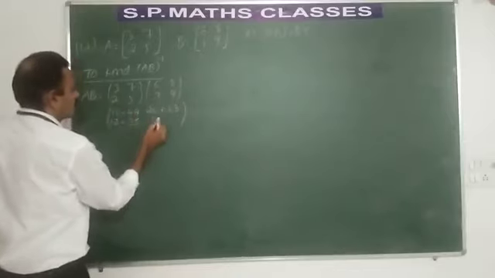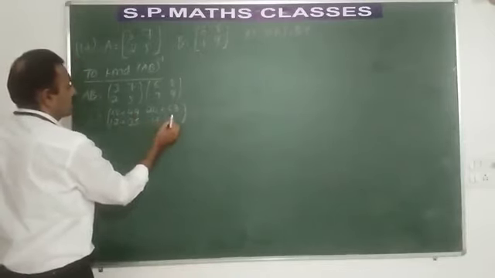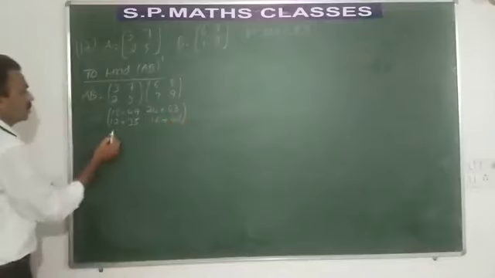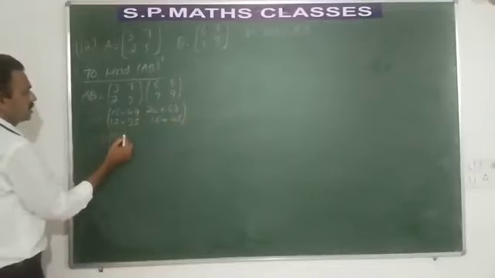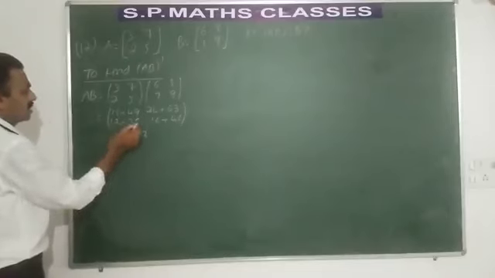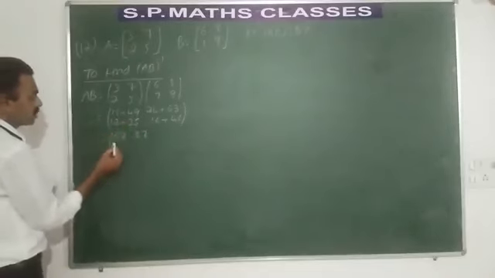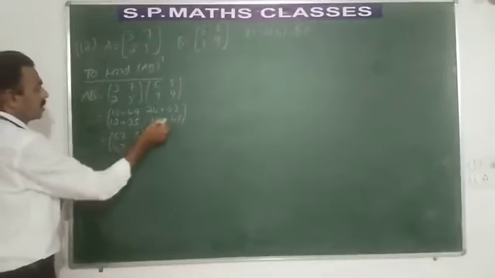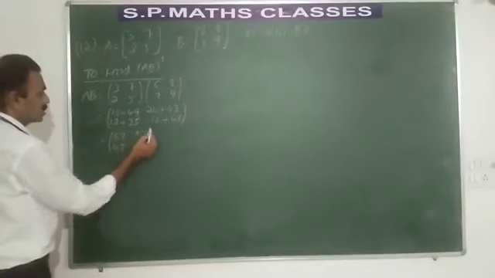Now 2 8s are 16 plus 9 5s are 45. So find out the answer here. 67, it is 87, 35 into 25 plus 12, it is 47, 45 plus 16 is 61.